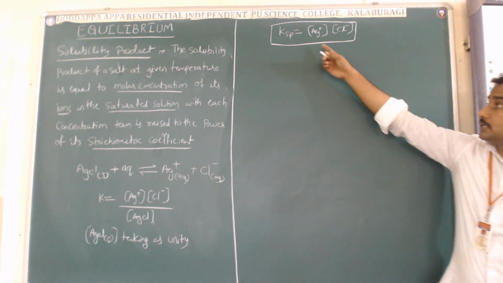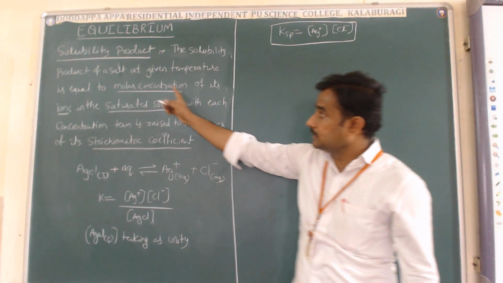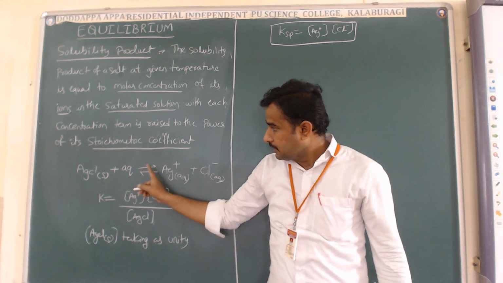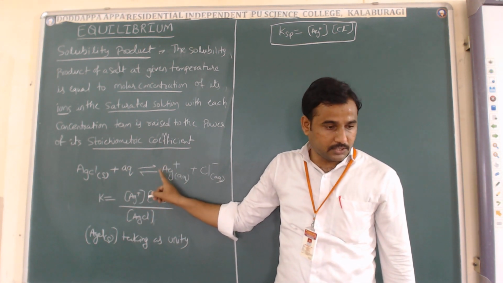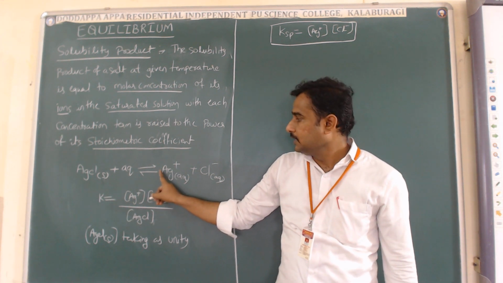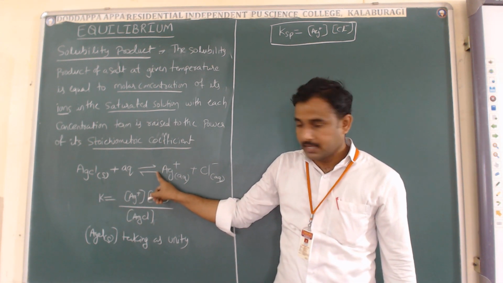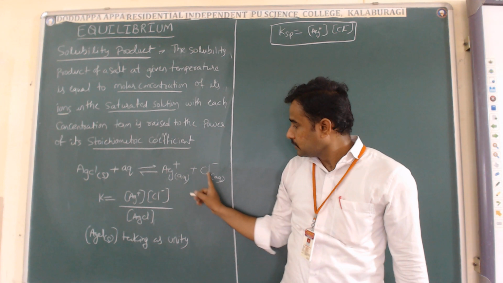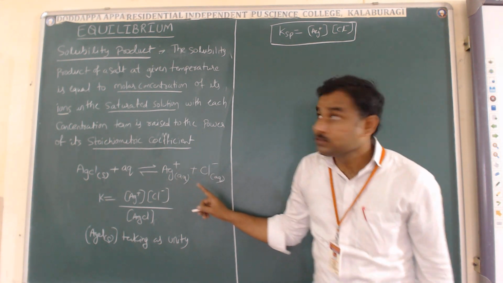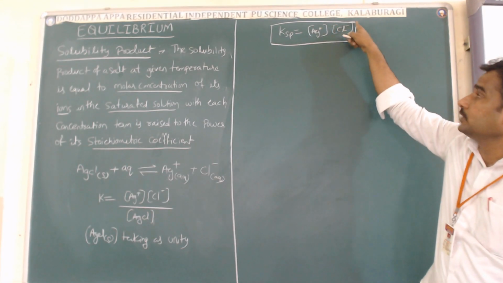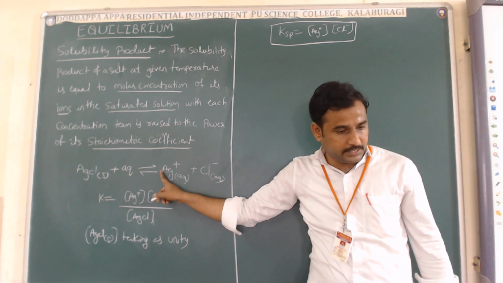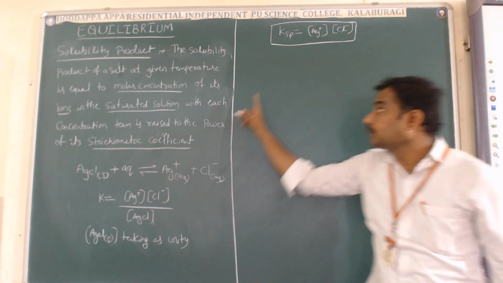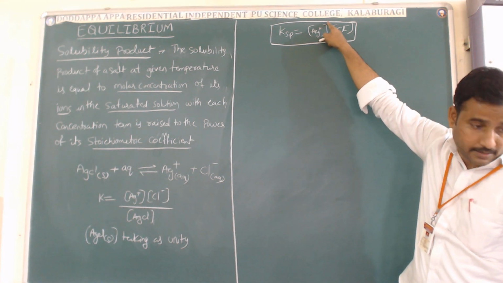So how do we write this solubility product of AgCl? You have to look at this reaction: there is no power or stoichiometric coefficient, only one. Ag has only one, and Cl has only one, so I raised each to the power of one. Suppose there were 2 Ag, then you would write Ag squared.